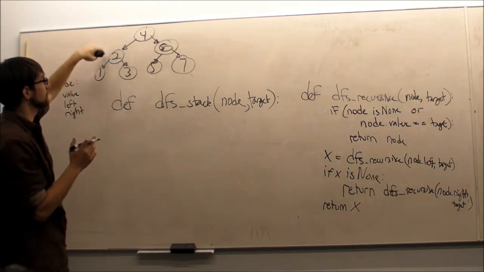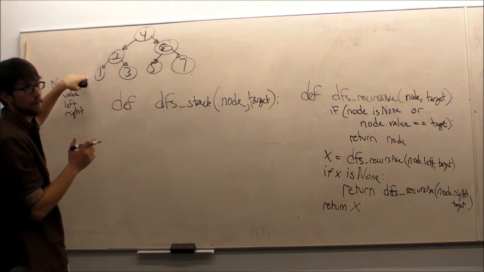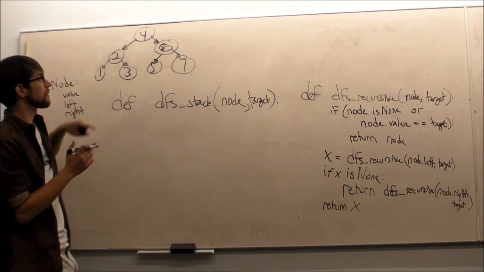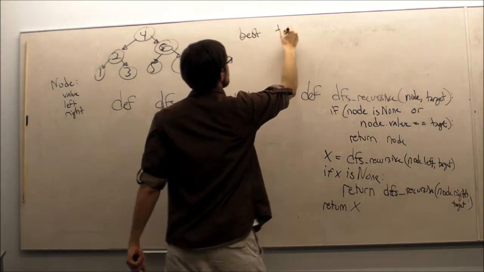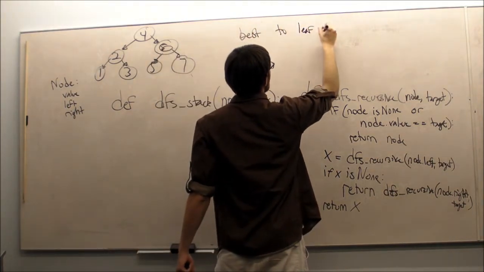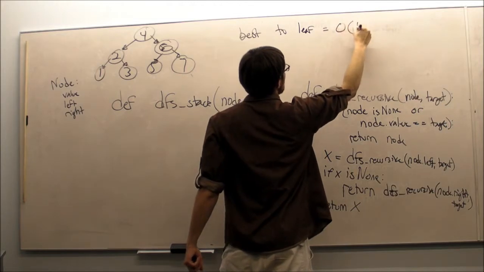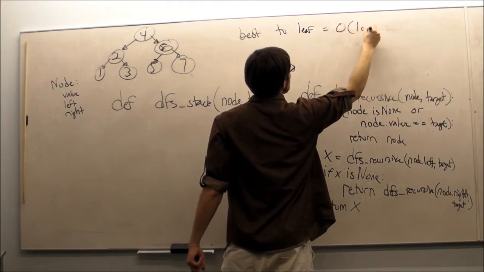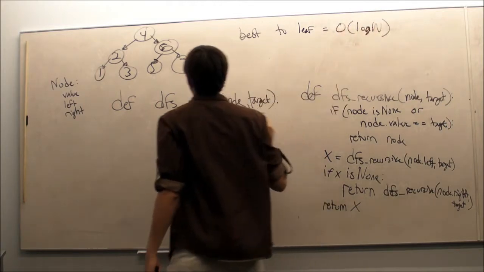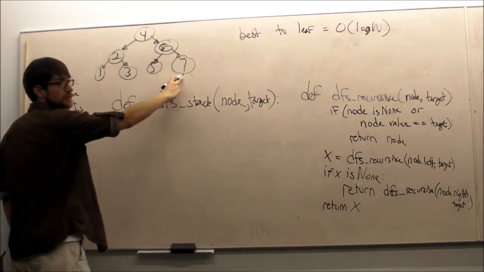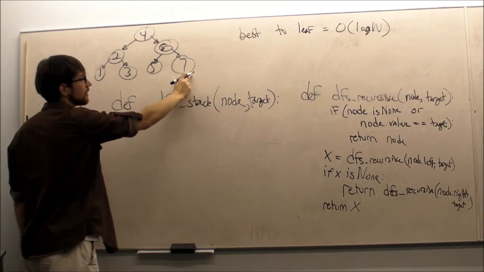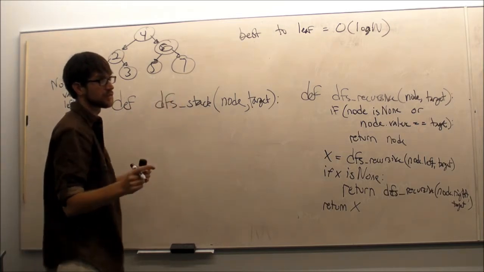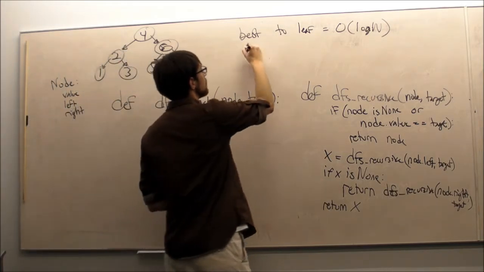So it's order log n to get there. That's your best case to a leaf, and your worst case to a leaf is going all the way out to the end, which is order n.